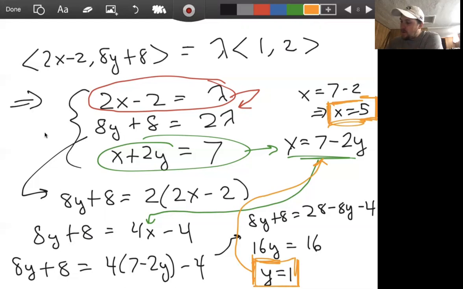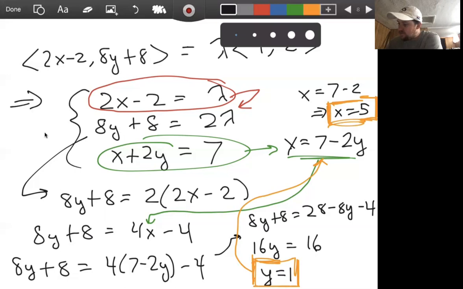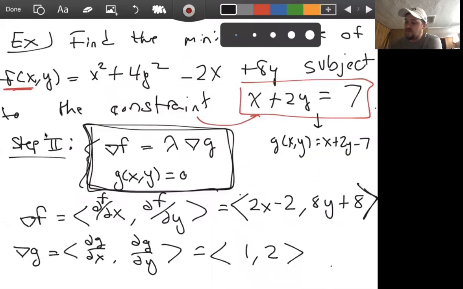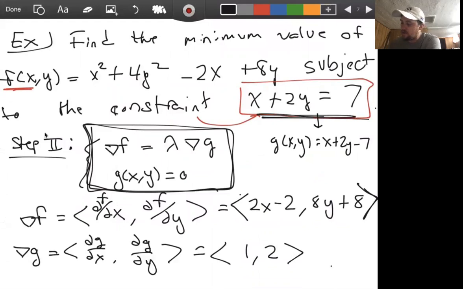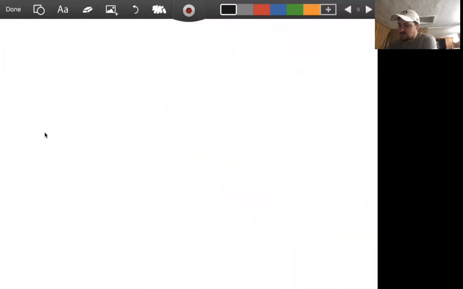So now, this point (5, 1) is the only possible critical point for this function with the constraint x plus 2y equals 7. And so the last step is to plug in f of (5, 1) and see that we get 27.